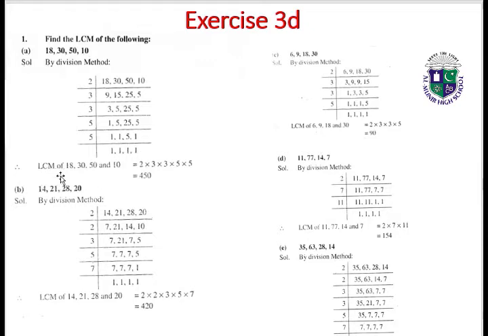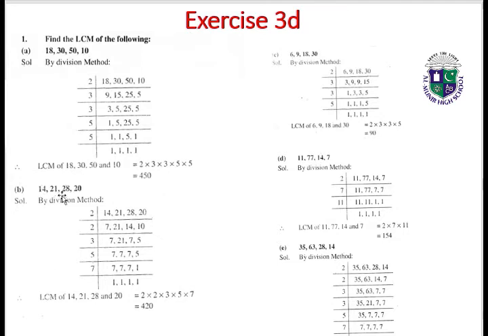LCM, least common multiple of 18, 30, 50 and 10: 2 multiplied by 3 multiplied by 3 multiplied by 5 multiplied by 5. 2 3s are 6, 6 3s are 18, 18 multiplied by 25 is 450.